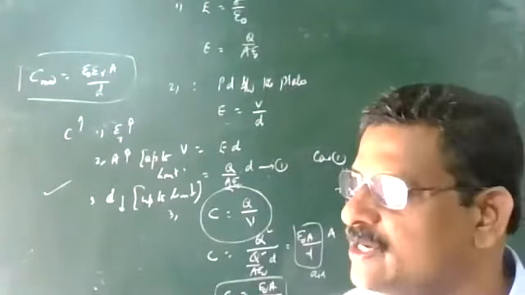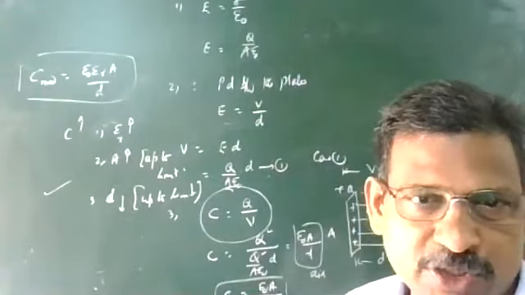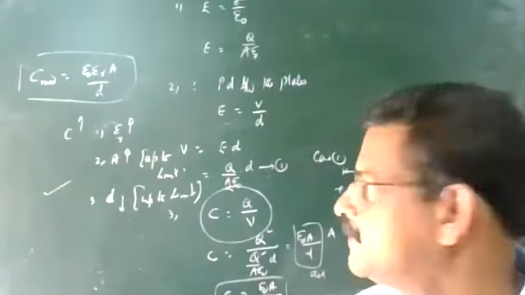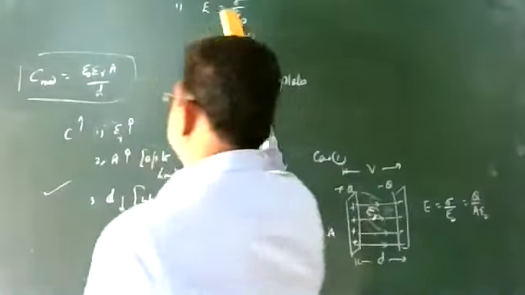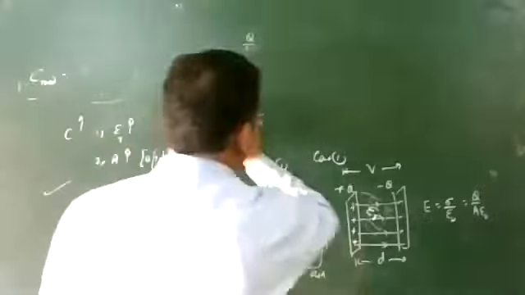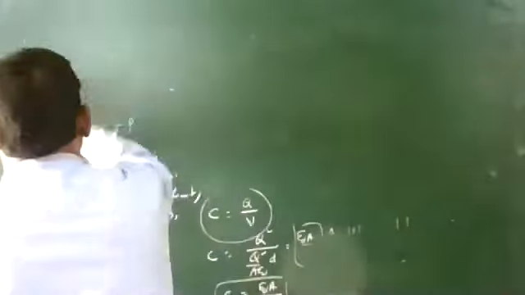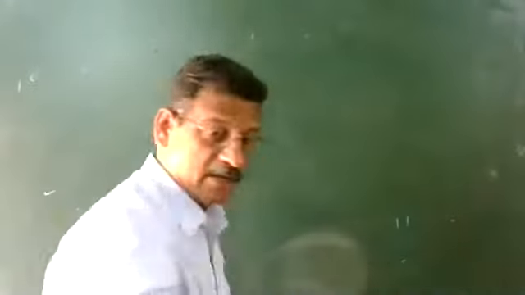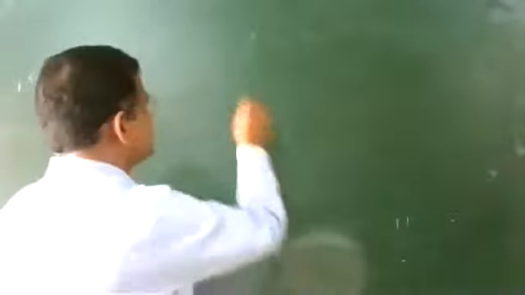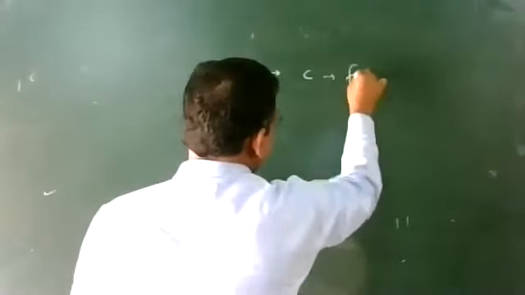And can you build such a value in a laboratory using a parallel capacitor? We'll see that. The SI unit of capacitance is the farad. It is not Faraday; Faraday is something related to electrolysis.